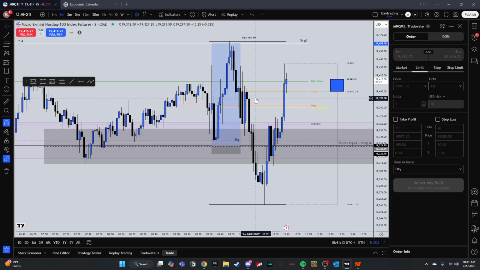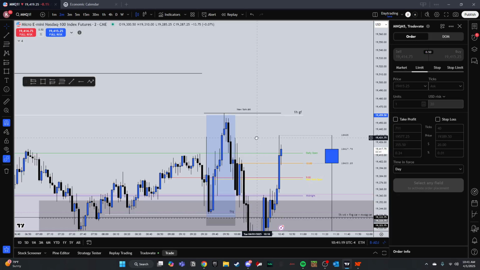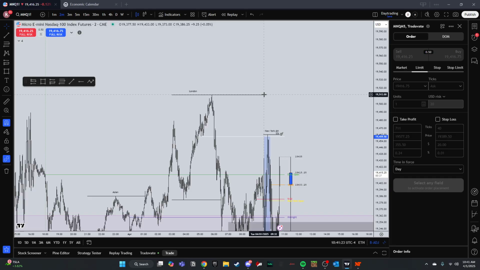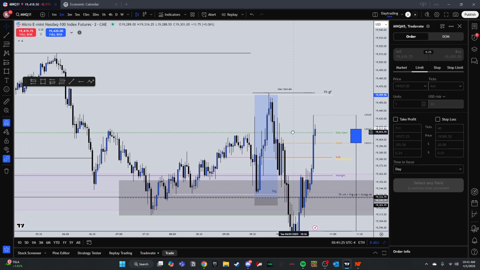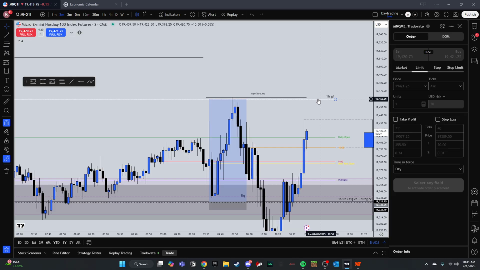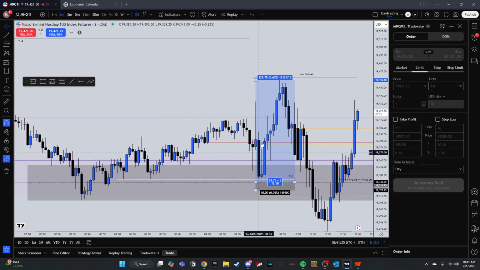I thought that was adding extra confluence to my level, but it literally just tapped the CE twice and then rocketed to our drawn liquidity. Our full draw is actually these London highs here, but I wasn't really expecting that to happen in the very first few moments of the day. So I only wanted to see this hourly gap get filled, and it did beautifully.